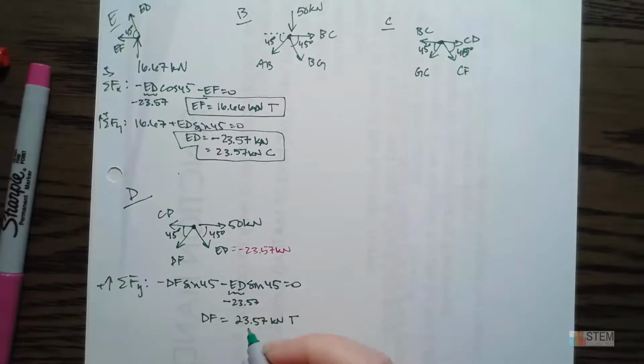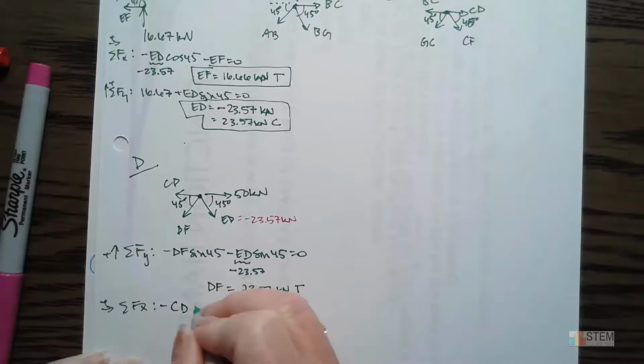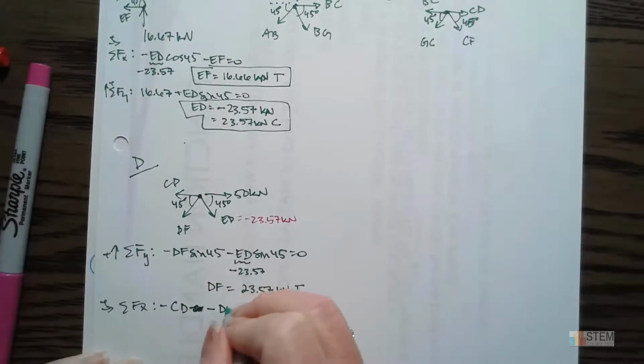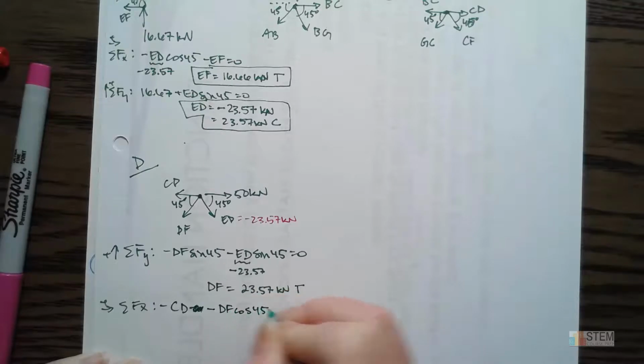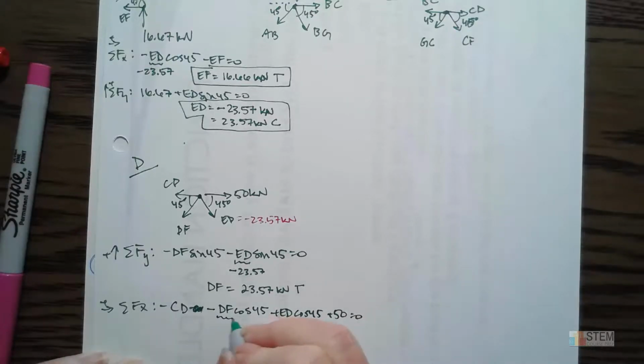And then now let's find the x equation. All right, so we got negative CD, it's not a cosine, just negative CD, and then minus DF cosine 45 plus ED cosine 45 and plus 50 equals 0. Okay, I know what DF is now. It's 23.57. I know what ED is.